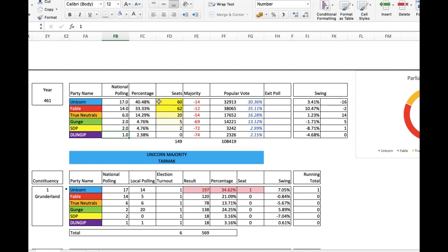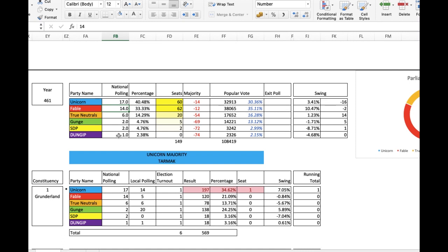This is quite a big advantage for the Unicorn Party, but as you can see, Fable have gained some pretty substantial local advantages, and so their popular vote is predicted to be 35%. So in spite of the Unicorn having a massive national advantage, Fable seem to have quite a lot of local advantages.